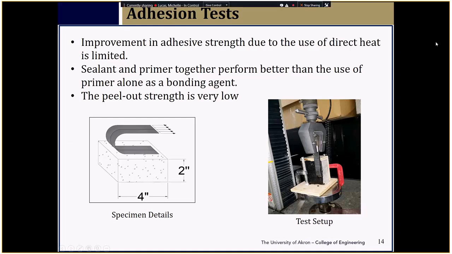That means for a very small load, the membrane is able to peel off and all the bond is damaged at the interface. Of course, there are a couple of other findings. We said sealant and primer together performs better, but still there is very little bond.